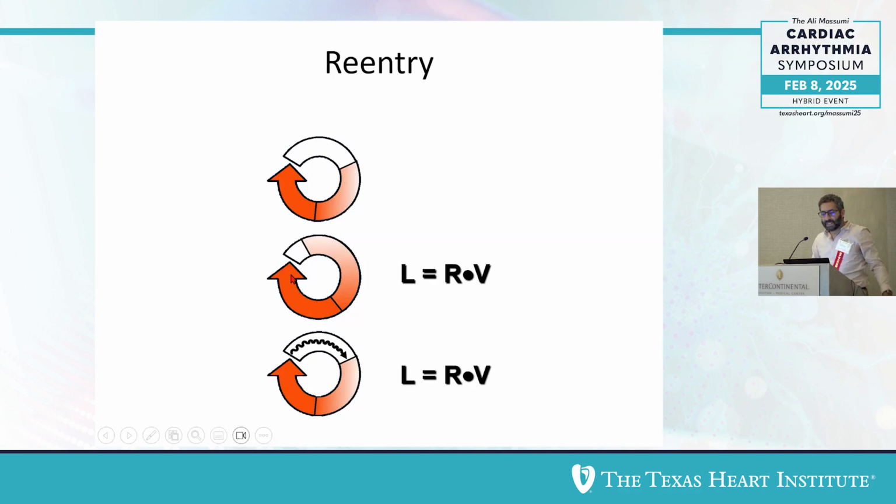So speeding conduction velocity is antiarrhythmic, slowing conduction velocity is proarrhythmic, increasing your refractory period is antiarrhythmic, shortening your refractory period is proarrhythmic. Got it? All right, excellent.